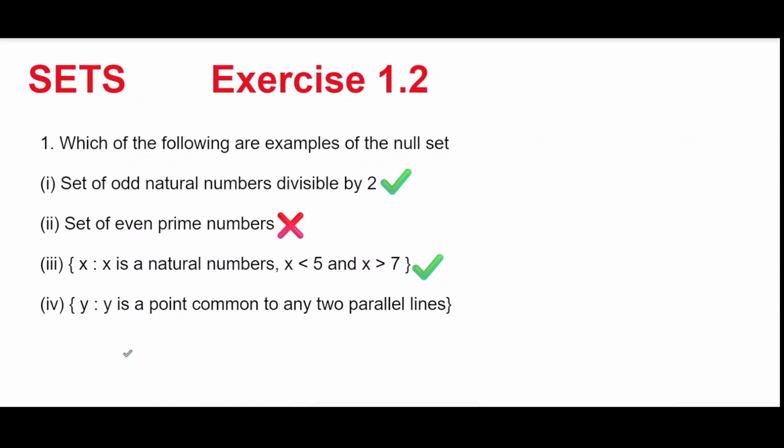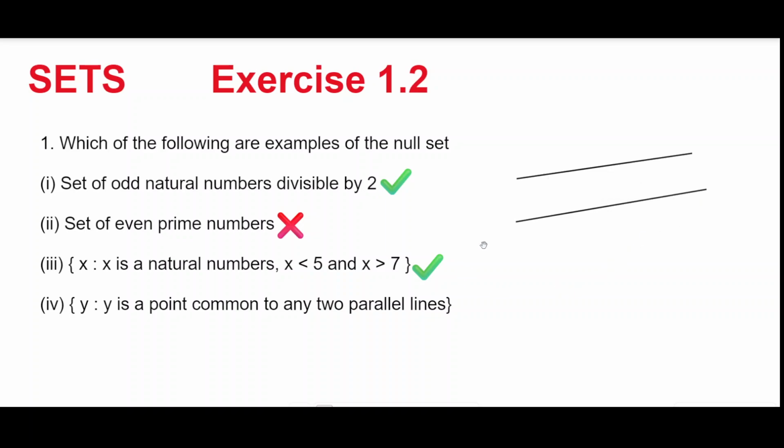Now, y is a point common to any two parallel lines. Clear? If you make any parallel lines, suppose this is a line, and again we make this a line, this is the parallel line.